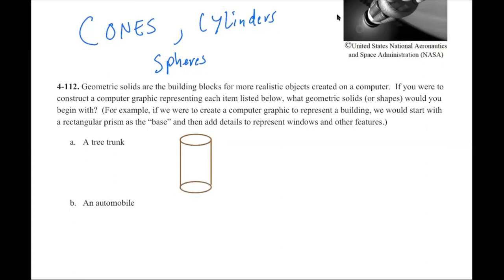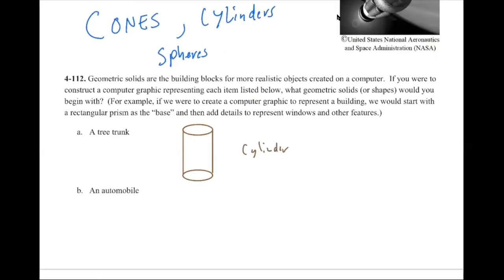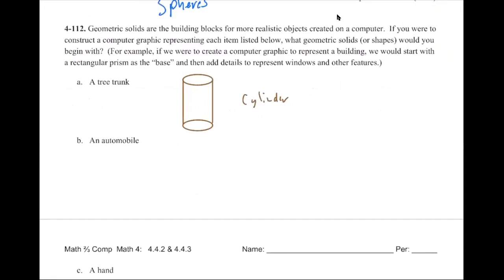In the basic sense, I would just do a cylinder. An automobile. So maybe I'd have a rectangle for the car, cylinders for the wheels.